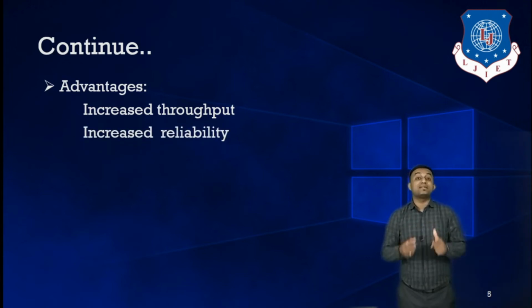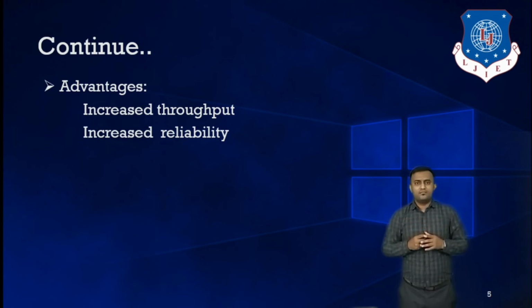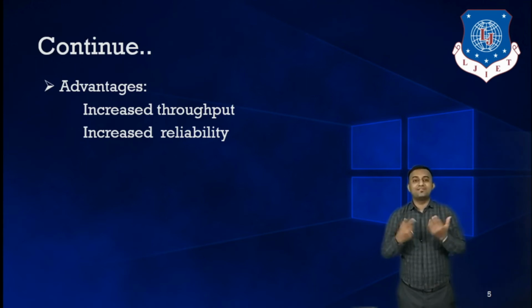The second advantage is increased reliability, in terms of failure. Suppose we have, for example, five processors, and one is dedicated to system-oriented activities and IO operations only, while the remaining four CPUs are dedicated to user-oriented tasks. If two of these four processors fail for any reason, we can still manage our tasks with the remaining two processors as far as user processes are concerned.